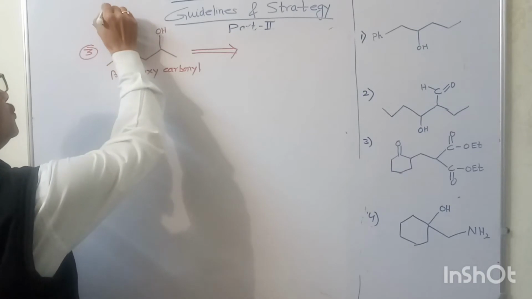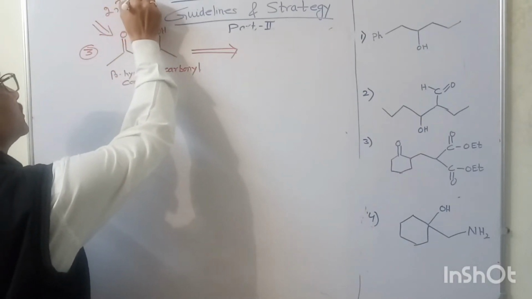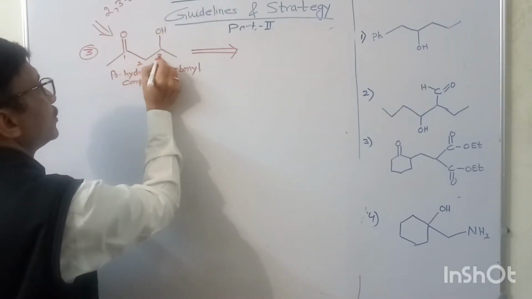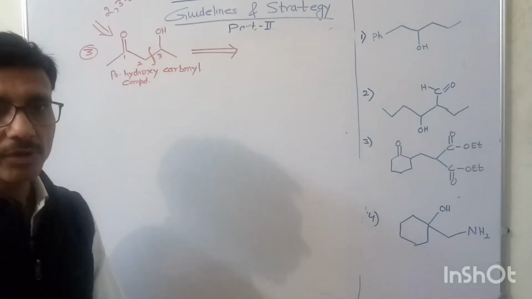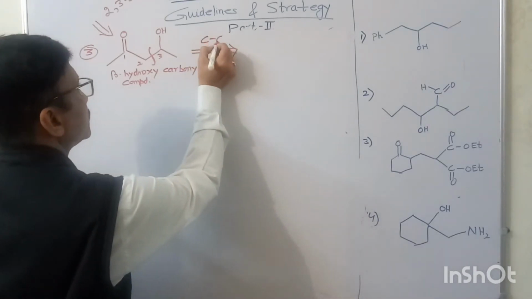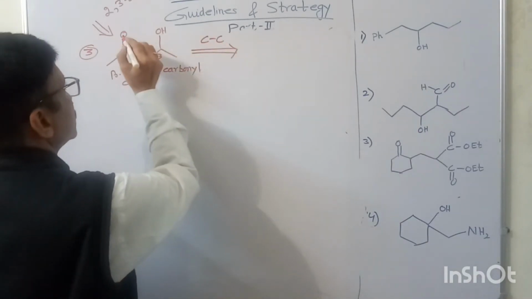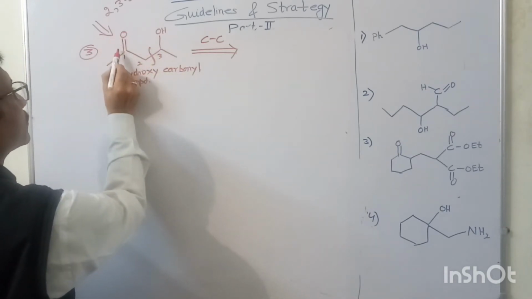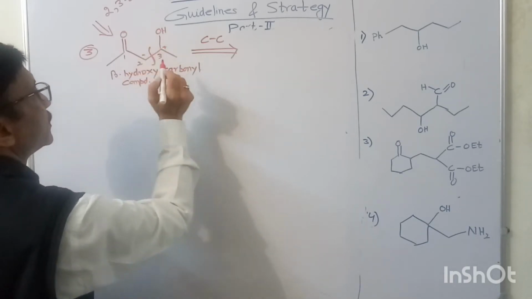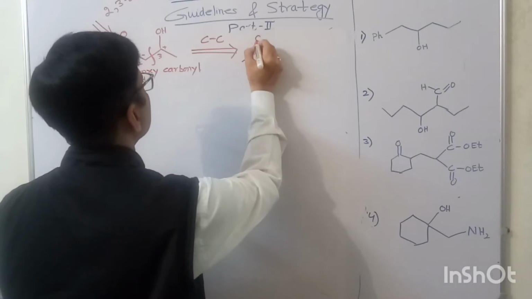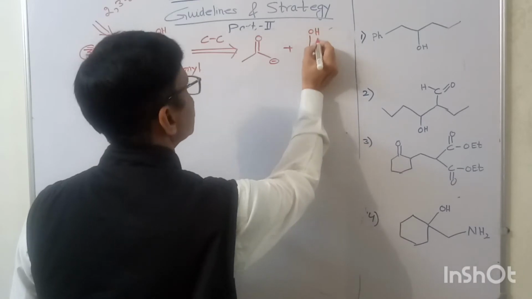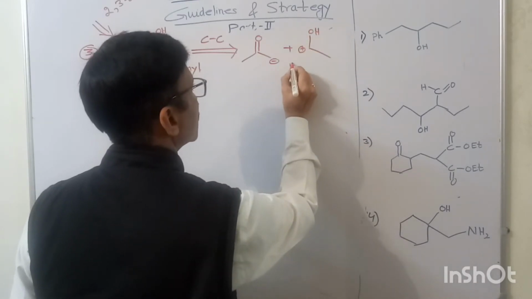For this, always the 2,3 disconnection is done. 2,3 disconnection means 1, 2, 3. So this bond can be easily broken down. So with the 2,3 carbon-carbon disconnection, what will you get? If you see the polarity, this is minus, plus, minus. So minus here, and this will be plus. You will write the synthon with minus charge here and plus charge here.